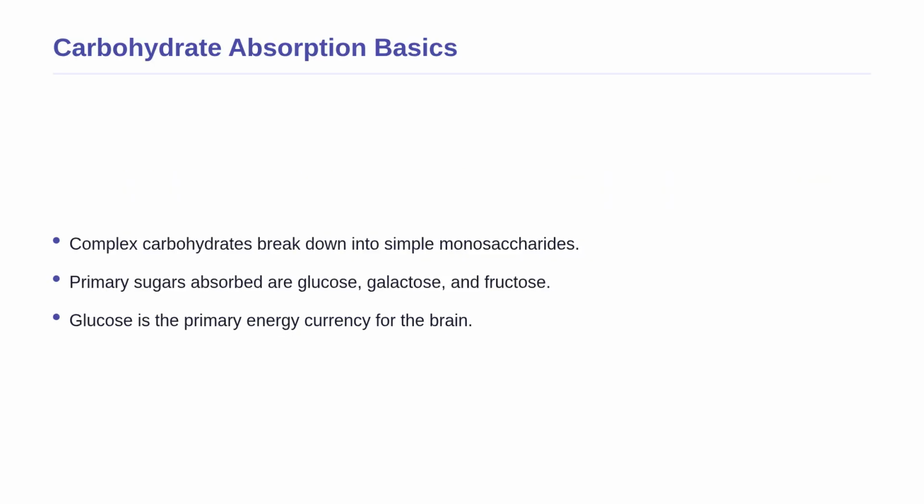Let us begin with carbohydrates, the primary fuel for the human engine. Think of your digestive tract as a crowded concert hall and the bloodstream as an exclusive VIP lounge. The massive crowd of complex carbohydrates cannot enter all at once.